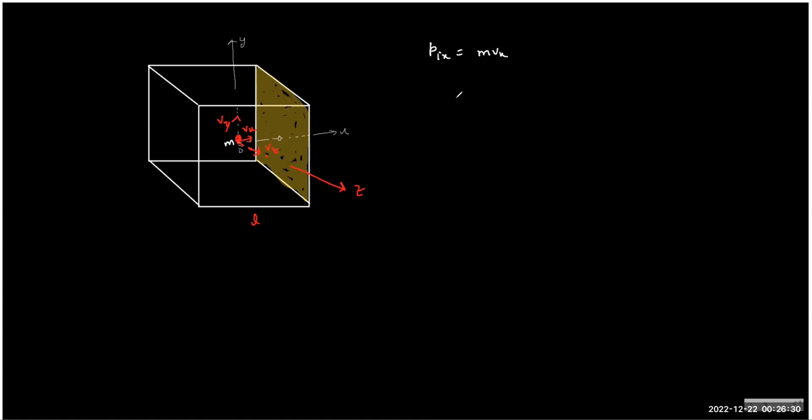Now this is a ball. So you come with mvx, you hit the surface, and you bounce back with the same speed, because the collision is going to be perfectly elastic, isn't it? So what is the final momentum of the molecule?